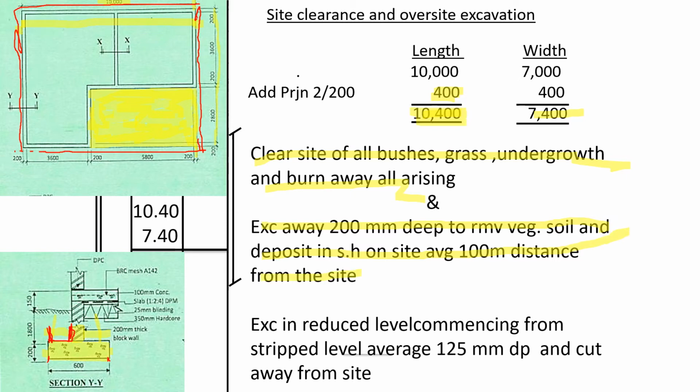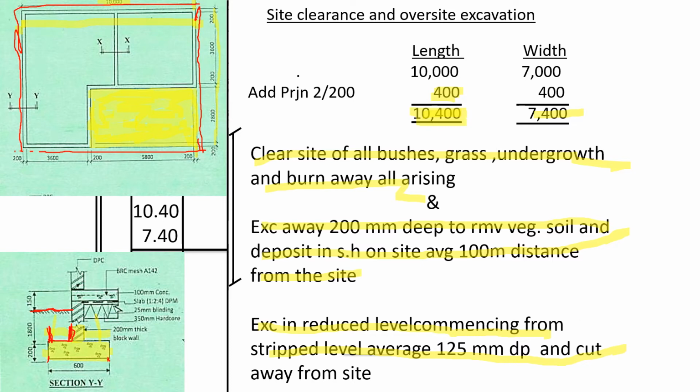And also on the same area, we shall excavate in reduced level commencing from stripped level, average 125 millimeters deep and cut away from the sides. Now, how do we know the depth for reducing the level? You see, when we have the ground level over here, let me use a red pen. First we shall strip the soil 150 millimeters.